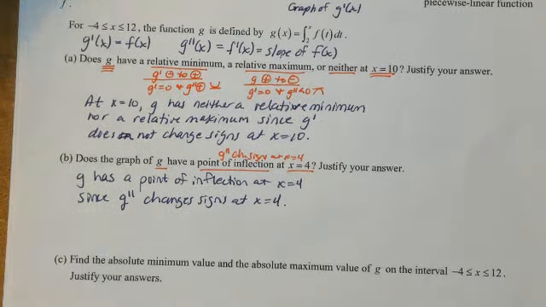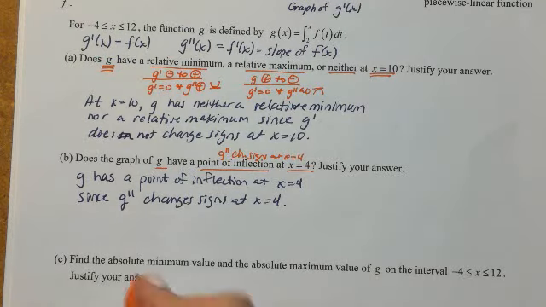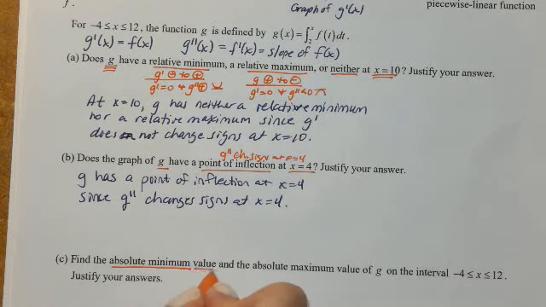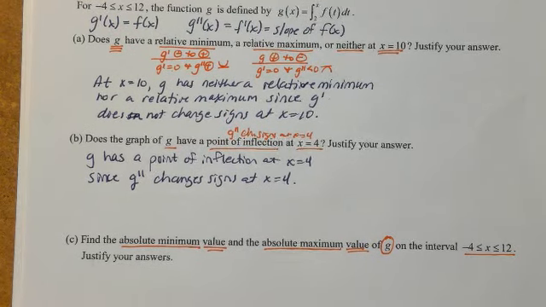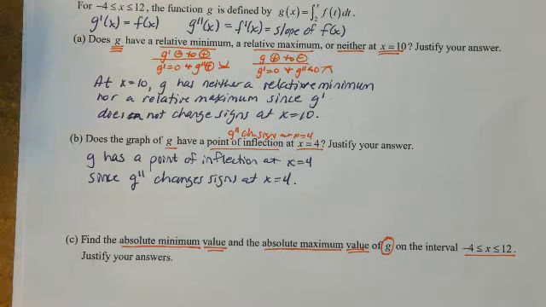Part C. Find the absolute minimum value and the absolute maximum value of g on that closed interval -4 to 12, and justify our answers.